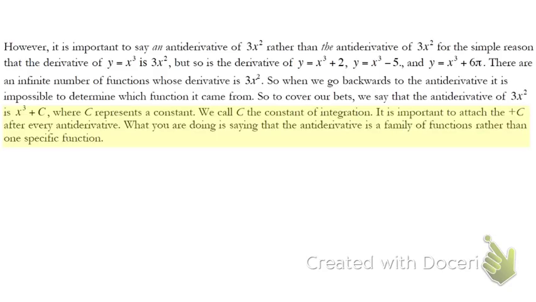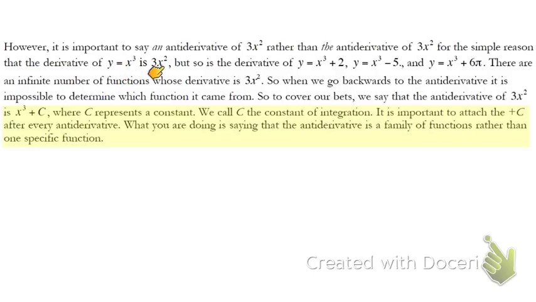So again, that's why it's important to talk about an antiderivative rather than the antiderivative. We call this a family of functions. So all of the 3x squared functions plus constants would be families of functions. You can see that here.